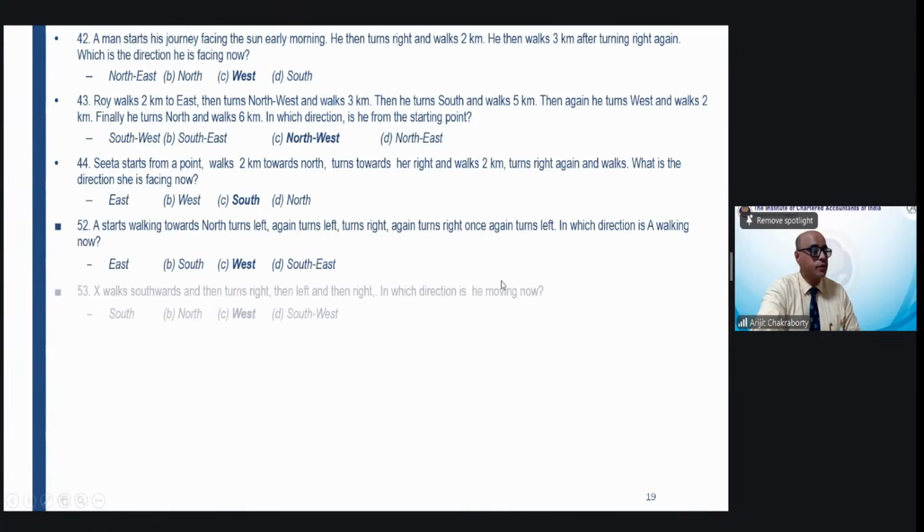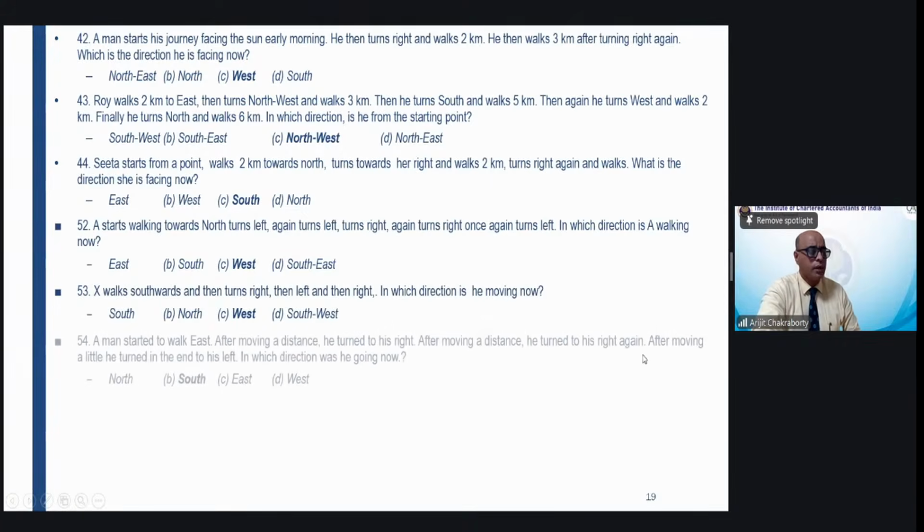Now we have the 53rd question. X walks southward. This is a simple one. The 54th question, let us see. A man started to walk east. After moving a distance, he turned to his right. After going east, he turns to his right, that is south. After moving a distance, he turns to his right again.